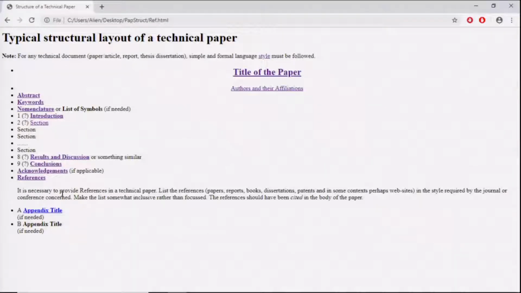References are essential in a technical paper, and you need to list all kinds of references: papers, reports, books, theses, dissertations, sometimes patents also, and nowadays perhaps websites also, from wherever you got information. Okay? And this has to be done in the bibliography style that that particular journal or conference requires. Okay? They have different bibliography styles.